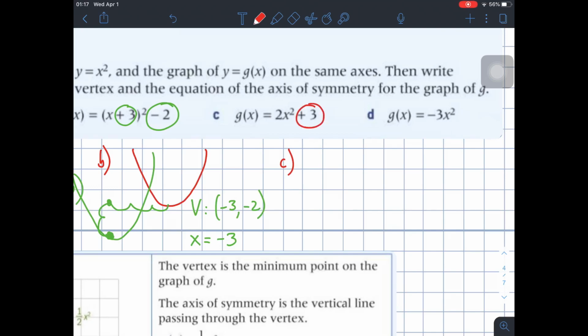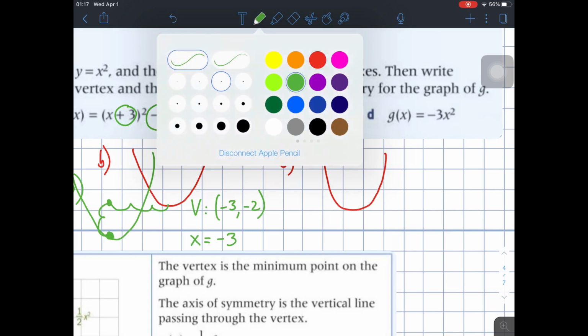And then this plus 3, as it is not affecting the x, what it does is shift the parabola, or the vertex, 3 units up, right? So it's a vertical translation. If I make a quick sketch of this situation, the original function would be something like this, the parent function, and the new function should be shifted 3 units up.